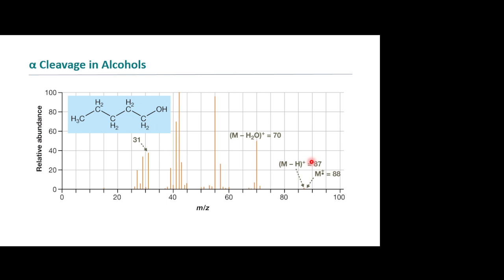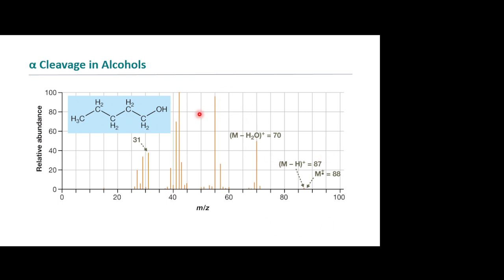They get lost as an H. So oftentimes you're going to see a minus H where we lose the hydrogen. That is the M plus with the loss of a hydrogen, a minus 1 for the mass.